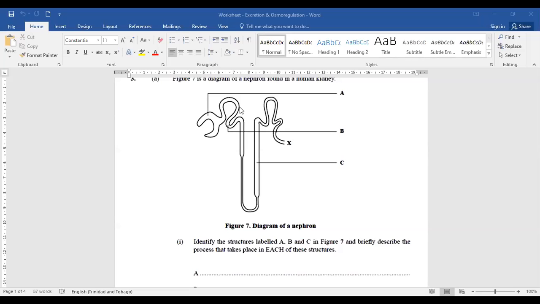What is the function at that point? Yes, you have reabsorption. So explain what you mean by having reabsorption at that point.